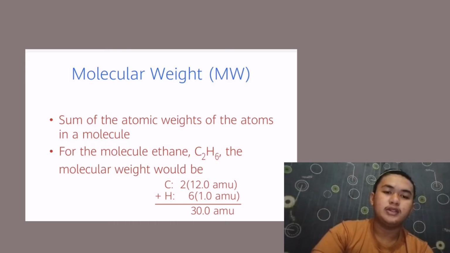Molecular weights. Sum the atomic weights of the atoms in the molecule. For the molecule ethane, C2H6, the molecular weight would be C2 12.0 atomic mass units plus H6 1.0 atomic mass units, 30.0 atomic mass units.